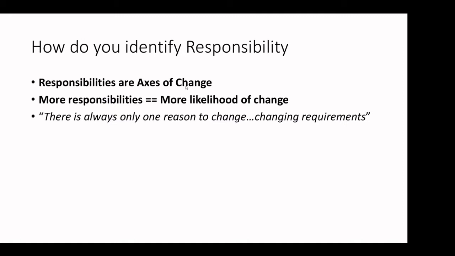If there is a change in promotion, this class is going to undergo change. If there is an update in the stock item quantity, unit price, or any of this, the class will undergo change. So to identify the responsibilities, we see all the axes of change, when requirements change, along which this class can undergo changes.